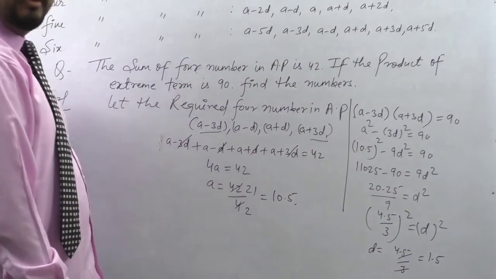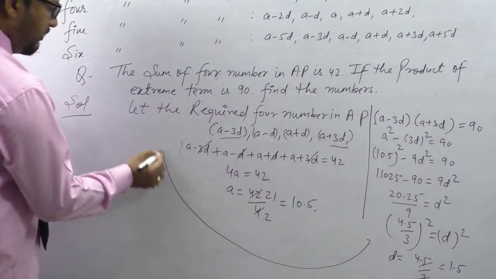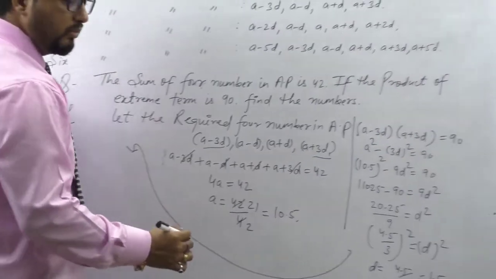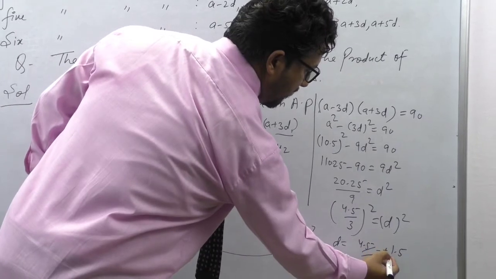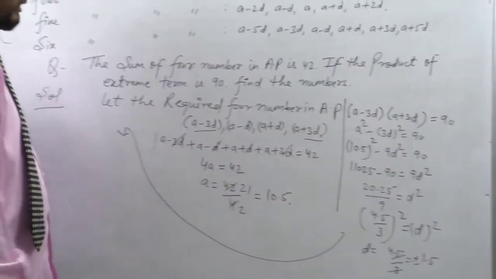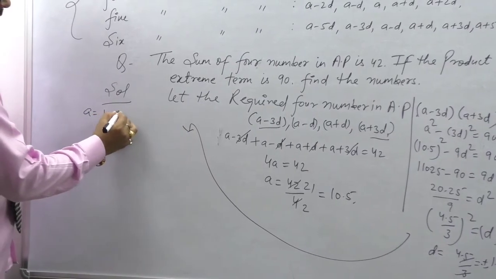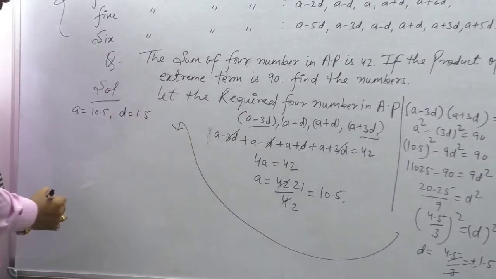Now when we take the square root, the value will always come as plus minus 1.5. So there are two possible cases. One is a equal to 10.5 and d equal to 1.5.